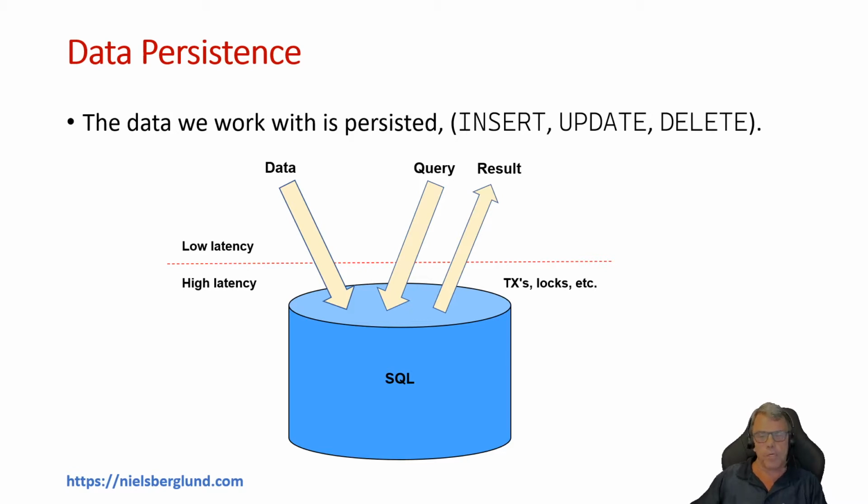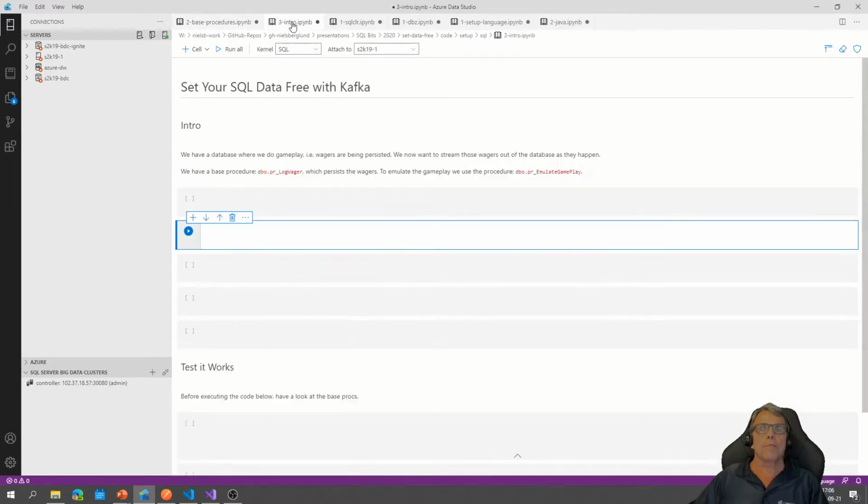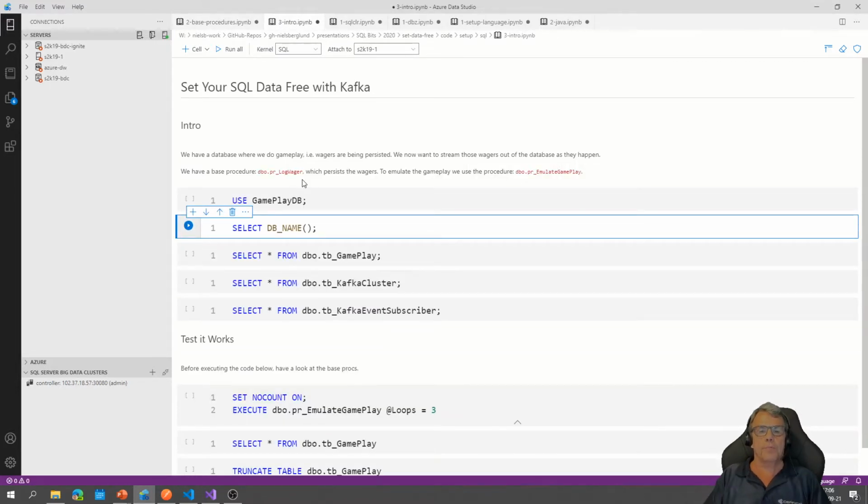And if we have a look here at Derivco, I have some examples. If I can find where I have it. There we go. So here we have a gameplay database. We call it the gameplay database because we're playing games, right?